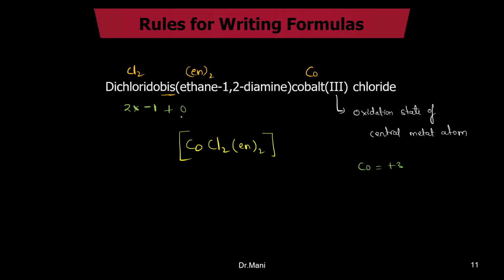Yes or no? Plus cobalt 3, so it's a +3 charge. So 2 into -1, that is -2, plus 3. What is the net charge? Simple maths calculation: -2 plus 3 is plus 1. So +1 should be balanced with how many chlorines?